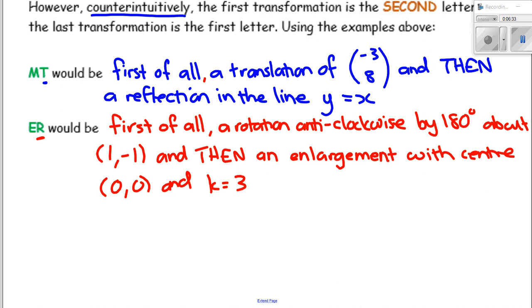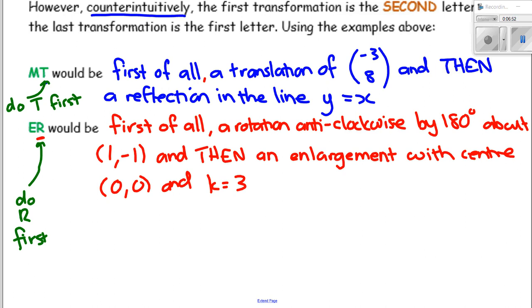Alright. So the thing to note is, in this case you would do R first. In this case we would do T first. And that's what's counterintuitive. So that's worth making a few notes about.